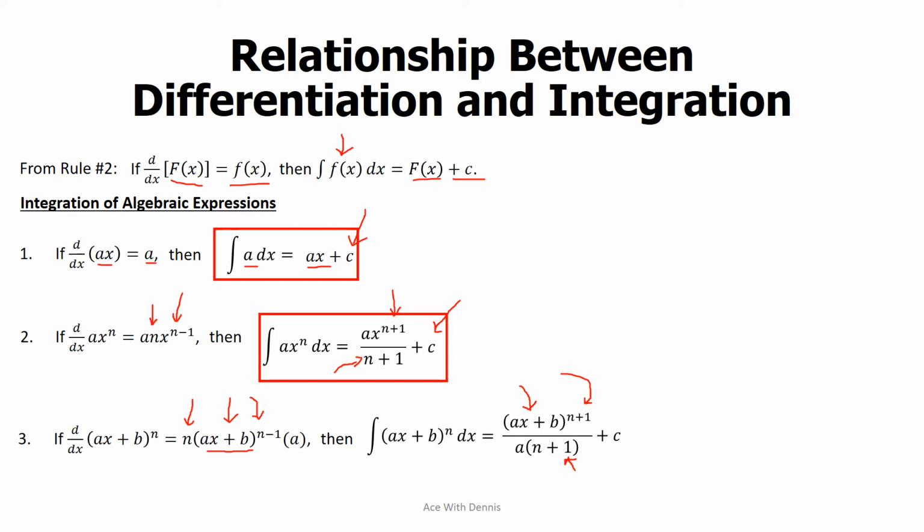The a we also put at the bottom here, so we have this a times n plus 1, followed by plus a constant c here. Alright, so this is the third integration of algebraic expressions, and for this case, n shouldn't equal -1.